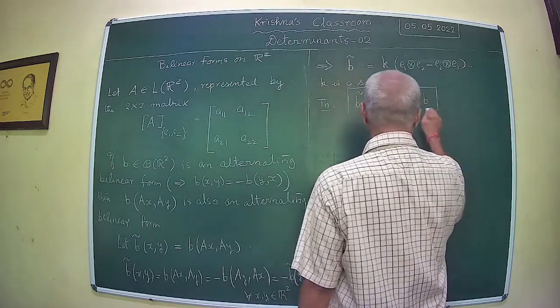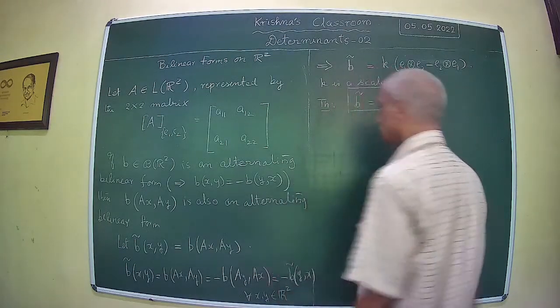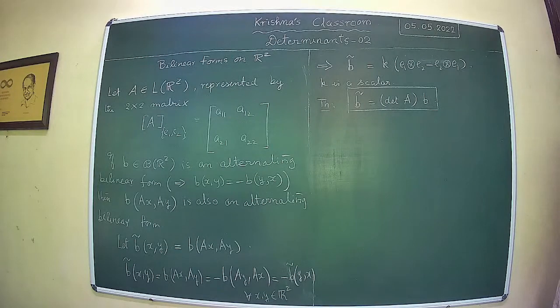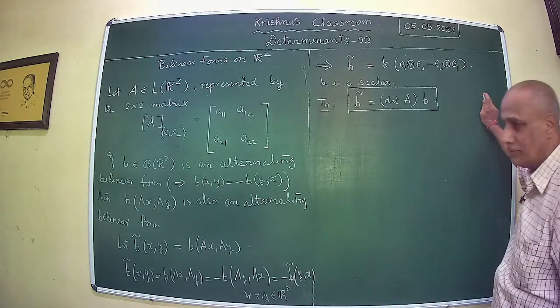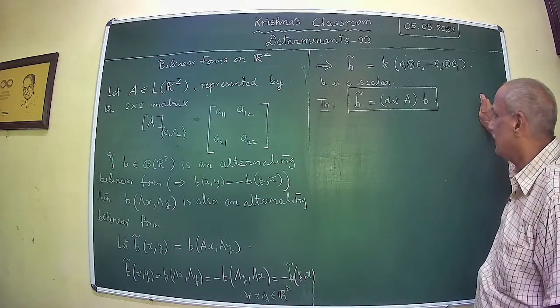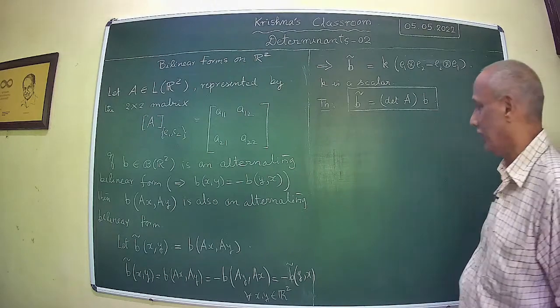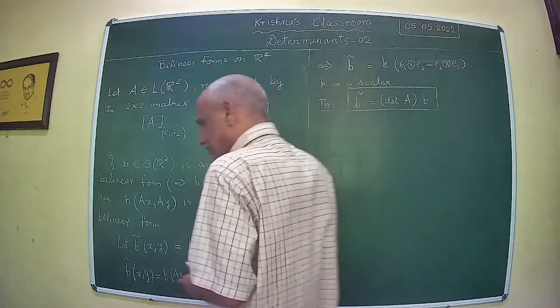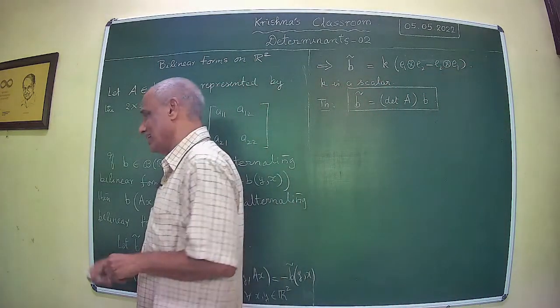That is, the scalar multiple which fixes B tilde is essentially the determinant of a transformation. So it comes out in a very natural way. Okay. So let us prove this.